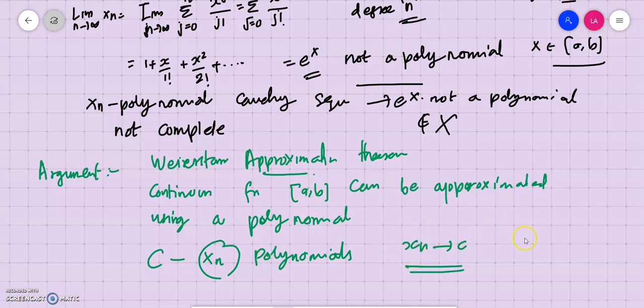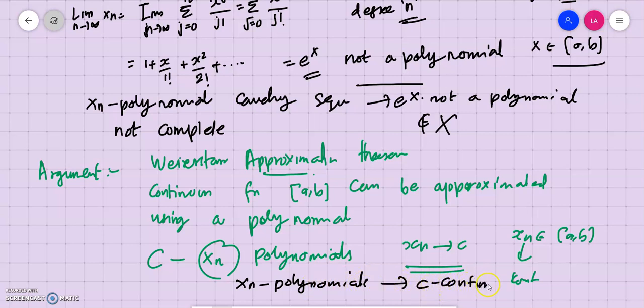So if we take the polynomials x_n on the closed interval [a, b], polynomials are always continuous functions. A continuous function can be approximated using polynomials. Now look at x_n. The x_n are polynomials, which converge to C. C is just a continuous function.